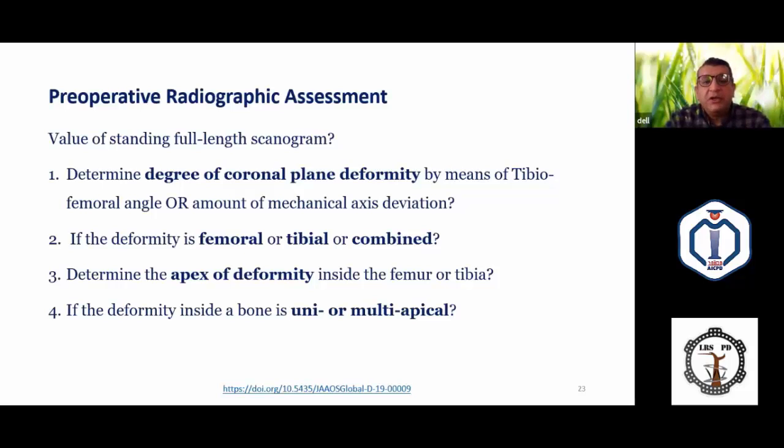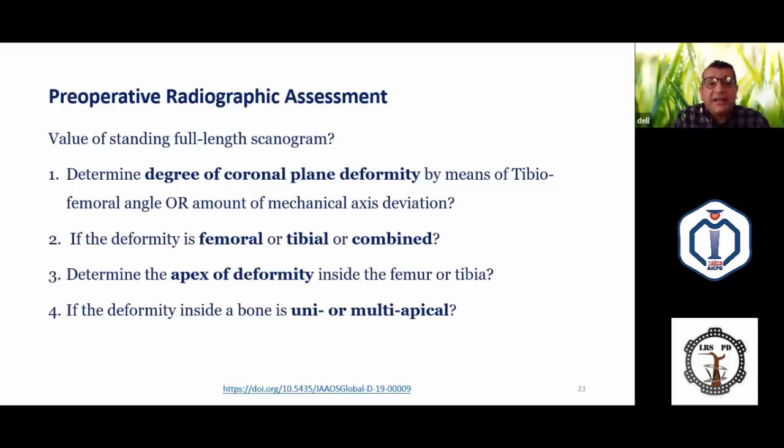First of all, you can assess the degree of coronal plane deformity, whether there is a deviation or it is normal. This can be done by the tibiofemoral angle or the mechanical axis deviation, and we will focus on this later on in the presentation. You can also know if the deformity is femoral or tibial or possibly combined.